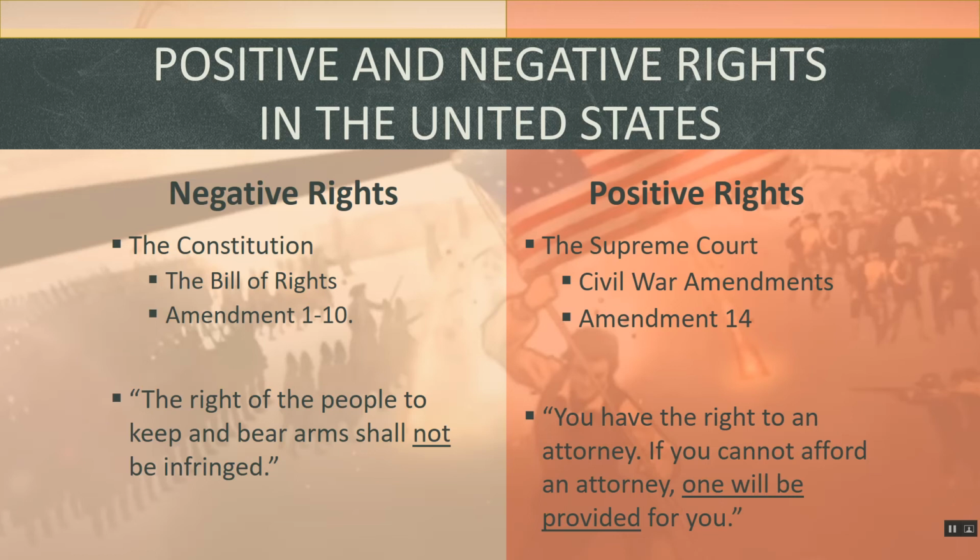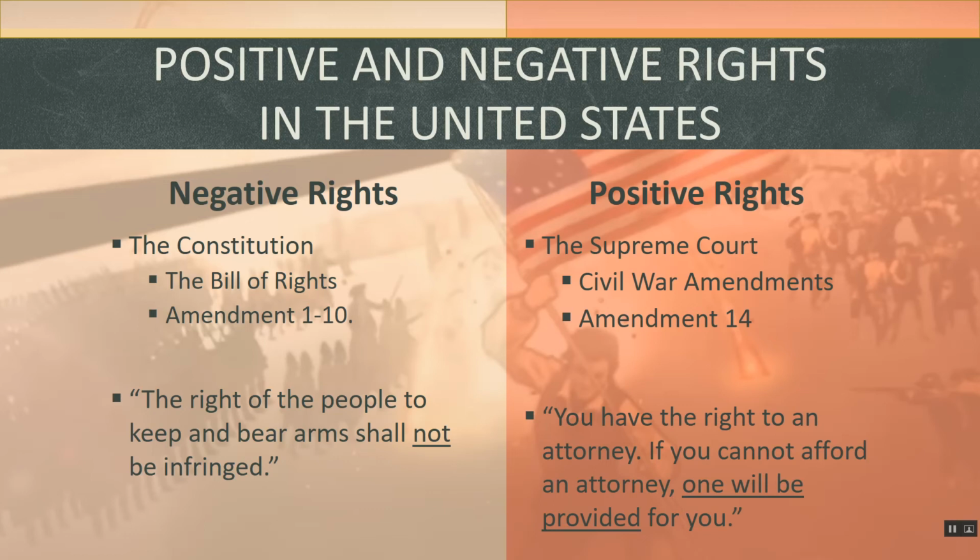For instance, the Second Amendment in the United States Constitution protects a civil liberty to keep and bear arms. Now, it calls this civil liberty a right, because remember, civil liberties are just a type of natural right, but if you read the text of the Second Amendment, it goes as follows. The right of the people to keep and bear arms shall not be infringed.